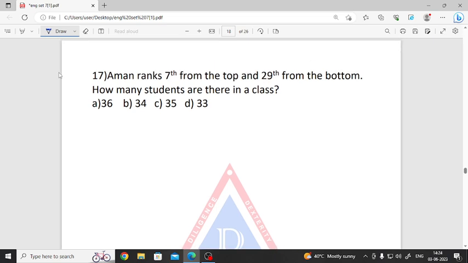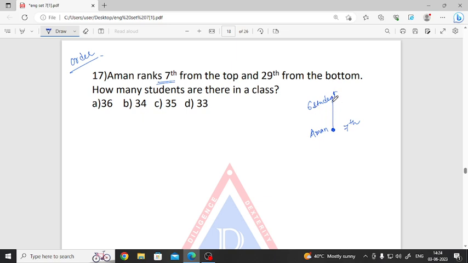Next is about order and ranking. Aman ranks 7th from the top. That means let's say Aman is here. He ranked 7th from the top. That means before Aman there are 6 students, because he is 7th.